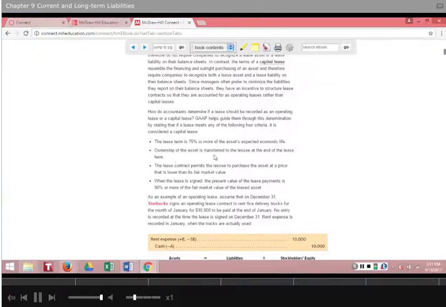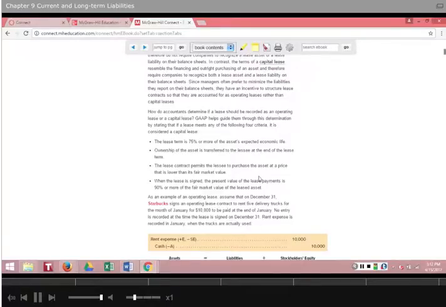The contract between the lessor and lessee could transfer to the lessee ownership at the end of the lease term. Well, that would automatically make it a capital lease. Or the contract may permit the lessee to purchase the asset at what we call a bargain price, which is significantly lower than what the fair value of the asset would be at the end of the lease term.